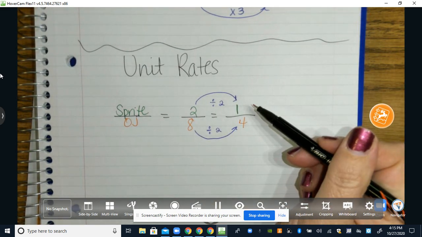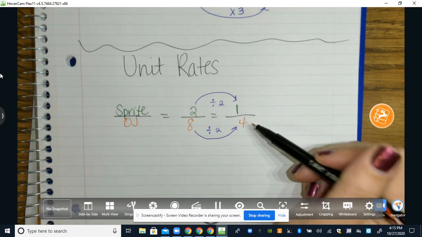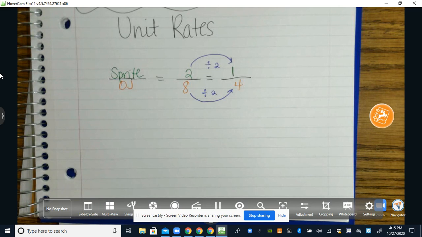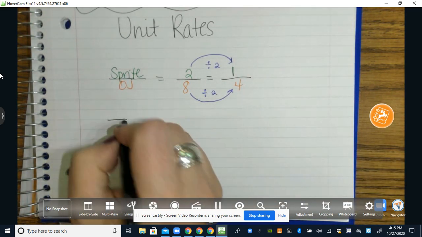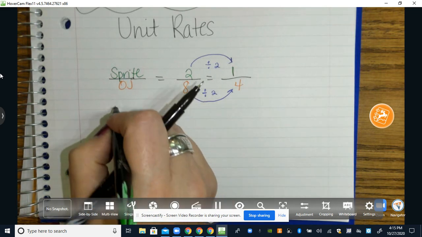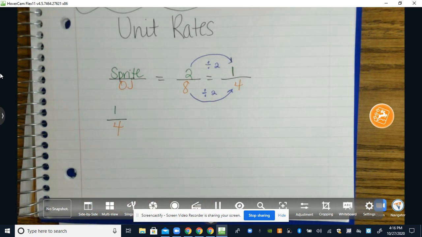So 1 Sprite can for 4 jugs of OJ. So if I continue with that ratio, my unit rate, which is 1 to 4, 1 can of Sprite for 4 jugs of orange juice.